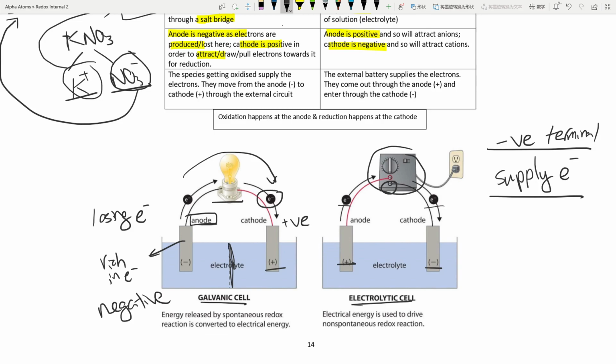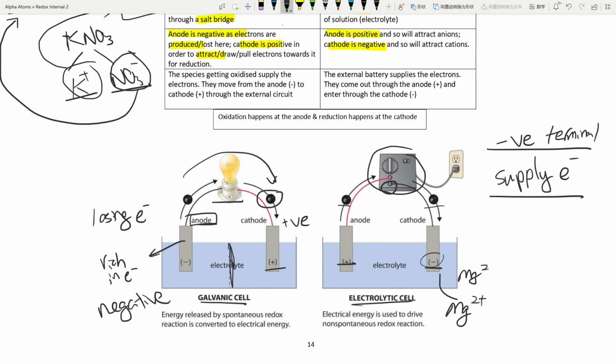Okay, so the negative terminal of the power supply supplies electrons. So the electrons go into this particular electrode, and that makes that electrode negative, because you can think of it as being electron rich because it's receiving the electrons from the power pack. Or the one that people understand more, I use the example of Mg2+ here.